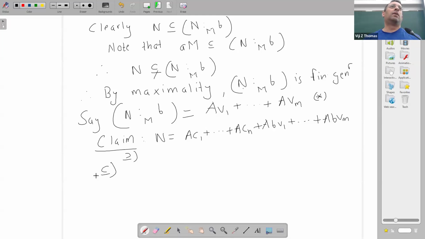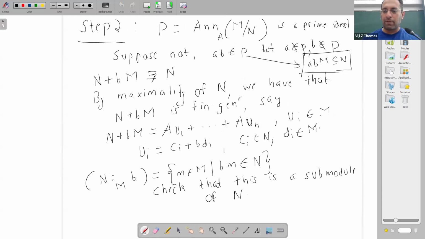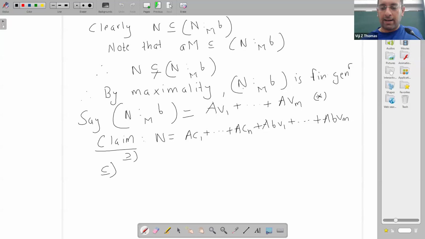We will have a contradiction. It becomes N is finitely generated, but N was not finitely generated, and it will contradict the fact that, suppose not, P is a prime ideal, and we would have proved that P is a prime ideal. So we would have achieved our step 2. Okay, so that is where we are headed. I just want to make sure that you all know where we are headed.